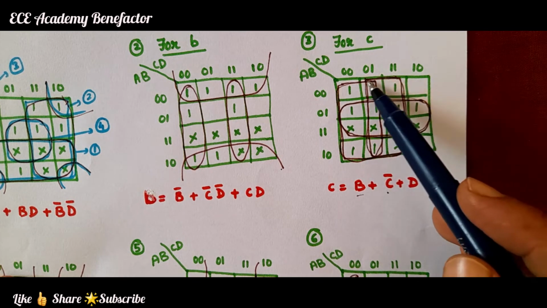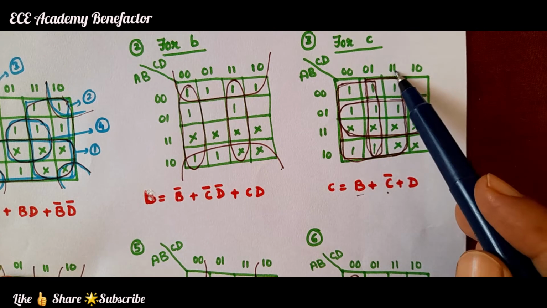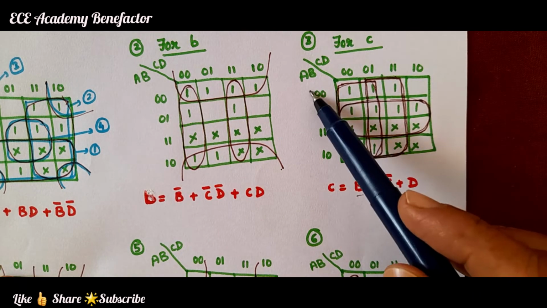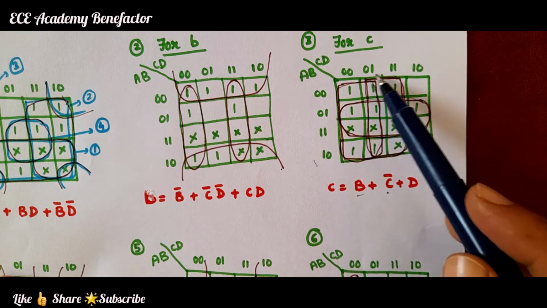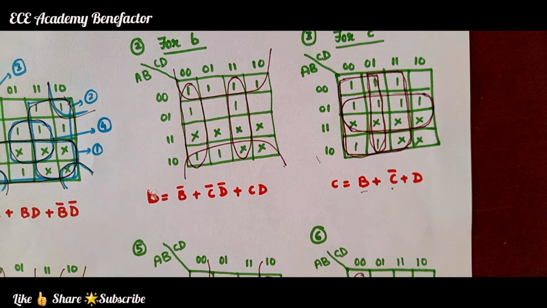Now, for this octet, in these 2 columns, 1 is common, 1 is D.